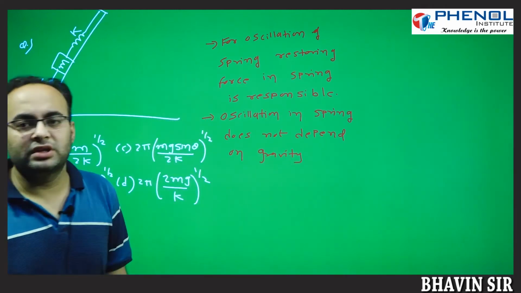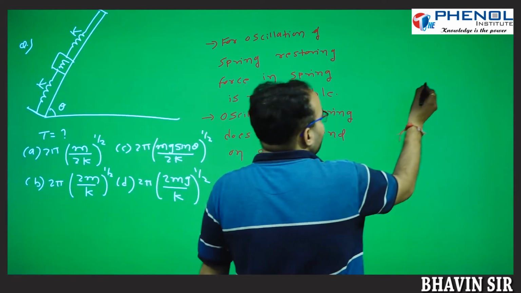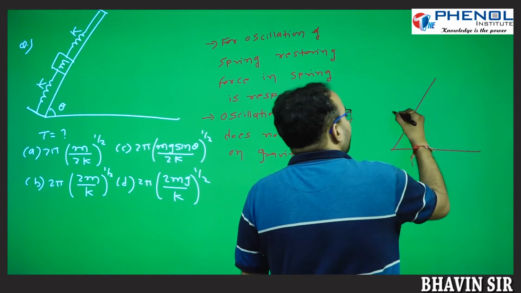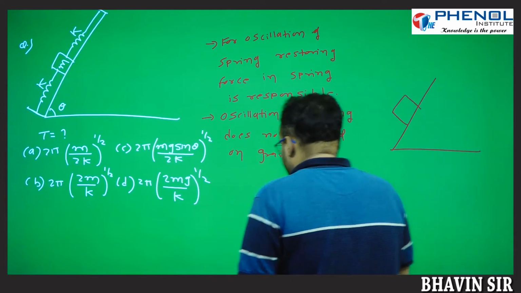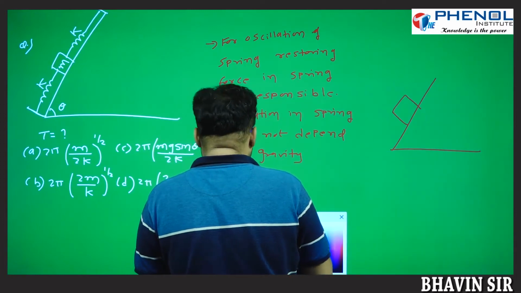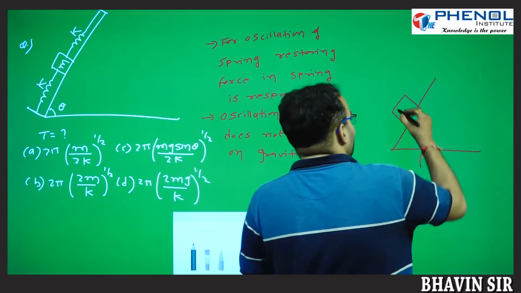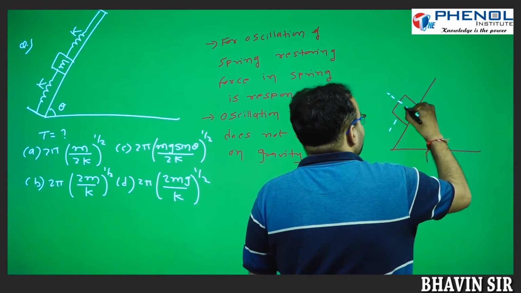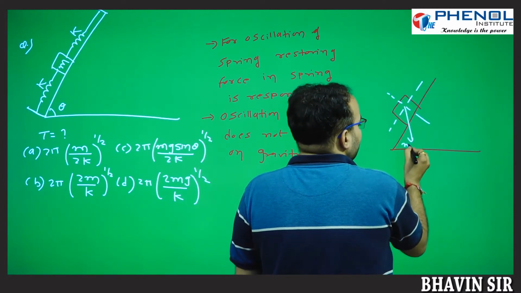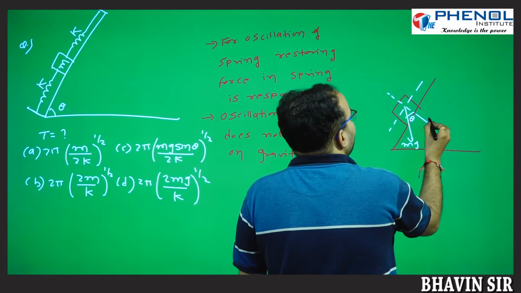Otherwise, students, you will remember that in the case of laws of motion, when an object is placed on an inclined plane, then we draw the x axis and y axis, then mg is downward, here theta.